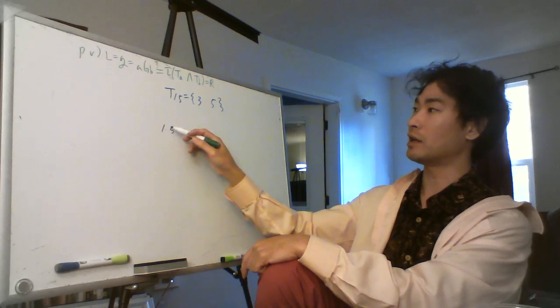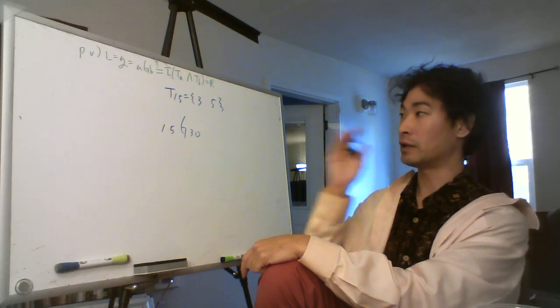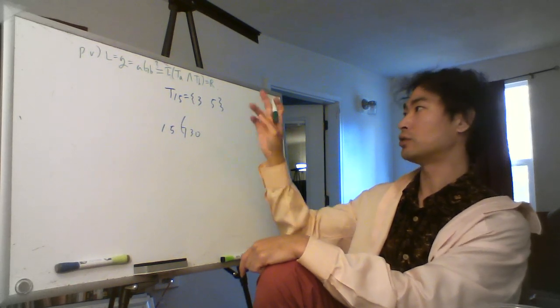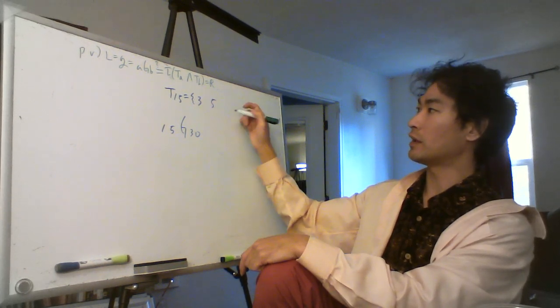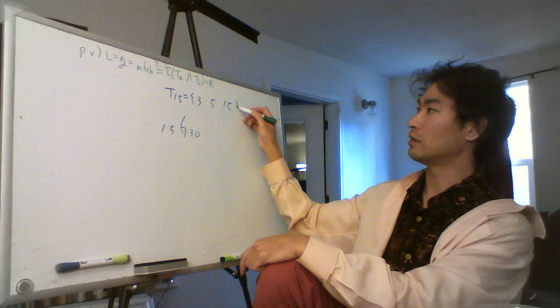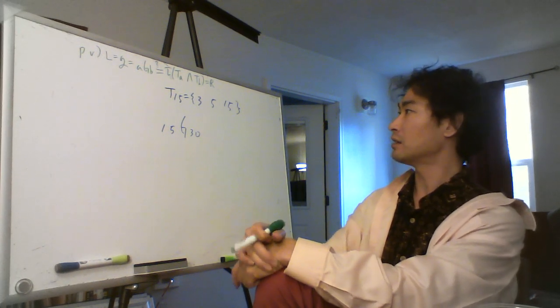What about the greatest common divisor of 15 and 30? What is that? It's 15, right? So let's modify the definition then. We have to include 15. Wait a minute, that's not the T set.